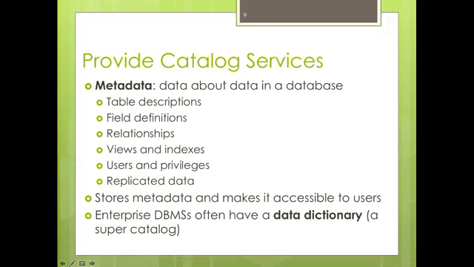What we're going to do is we're trying to talk to the database, and we need to know some things about it. We need to know what's stored in it. So we're going to use what's called metadata. Now, metadata just simply is data that describes how the data is actually organized and stored in the database. So this is going to be things like what are the tables, what are the fields, what are the relationships, any views and indexes, our users and privileges, any replicated data.